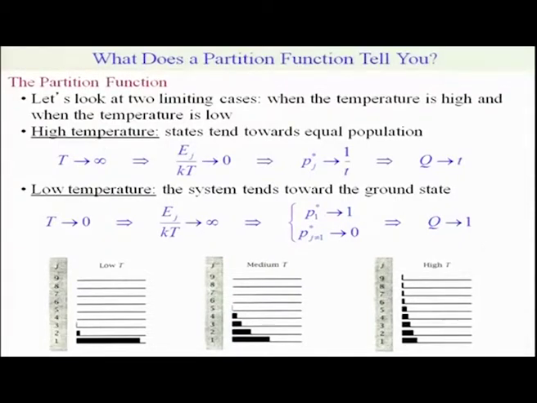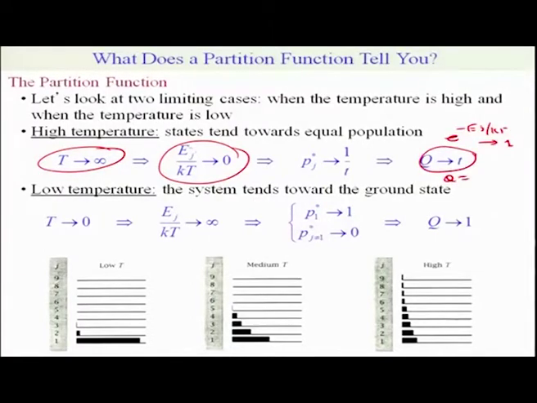If we consider high temperature, of course, the Boltzmann factor e to the power minus Ej by kT goes to 1, and in that case q goes to t, because q is going to be the sum of this factor, which is going to be t, and in that case the probability for accessing a state j will be simply 1 by t.